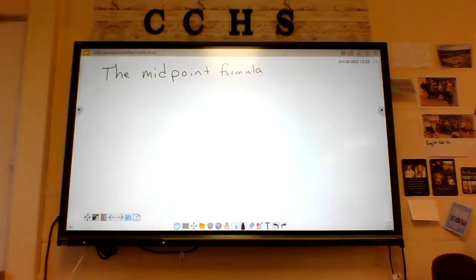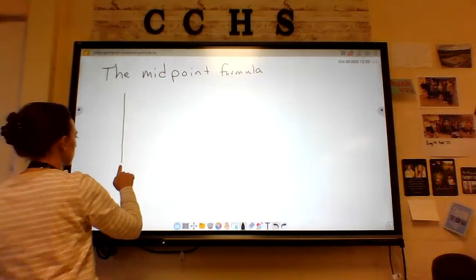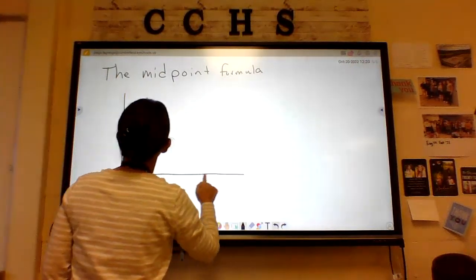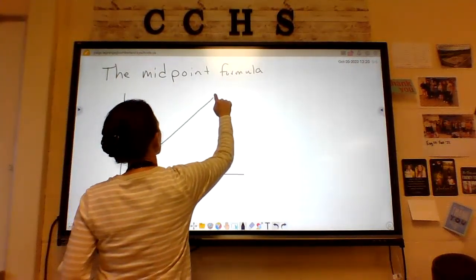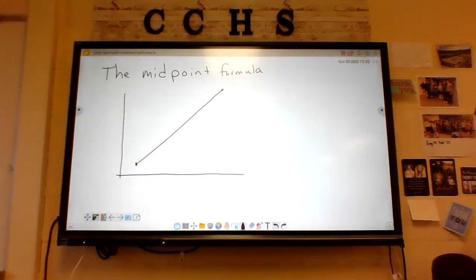So if I've got a line segment on my graph, how am I going to figure out where the midpoint is? Well, we're going to divide something by 2, right? The distance by 2. But we're looking for the point.